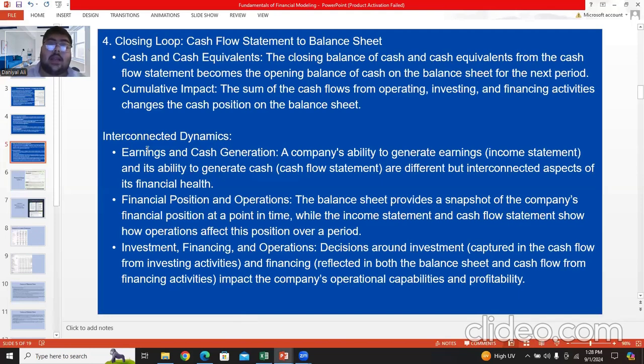The interconnected dynamics have been explained: your earnings and cash generation are very important. You earn incomes, and those incomes have the ability to convert your balances into cash. That cash is shown in your cash flow statements. Your financial position and operations show the company's health at a point in time, and show its period-over-period change as well.